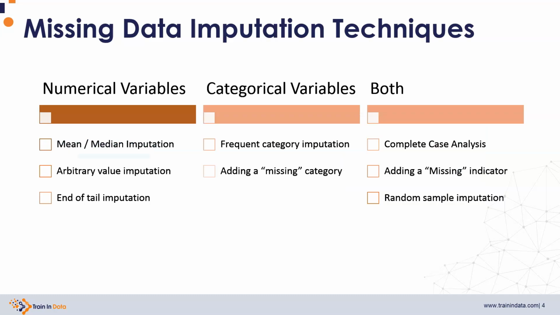For example, we can replace missing values with the mean or the median, or with an arbitrary value. If the variable is categorical, we can replace missing values by the most frequent category, or by a category that is actually called missing. We can add a missing indicator, or we can perform more sophisticated imputations like end-of-tail imputation or random sample imputation, among other things.